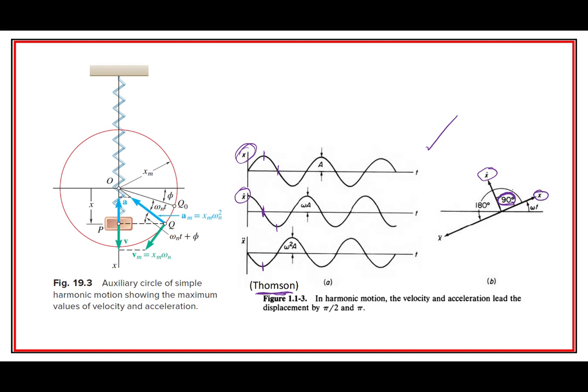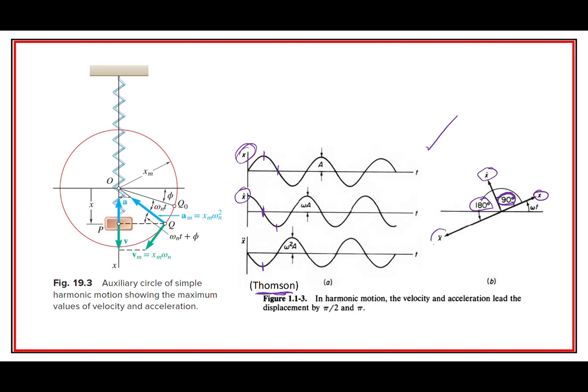Same thing is true here with our acceleration. It is 90 degrees ahead, right? So it all depends on where you want to start counting this from. I suppose we could say, yeah, I think that's fair right there.